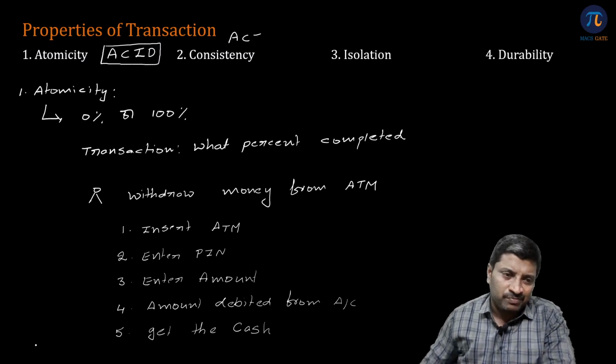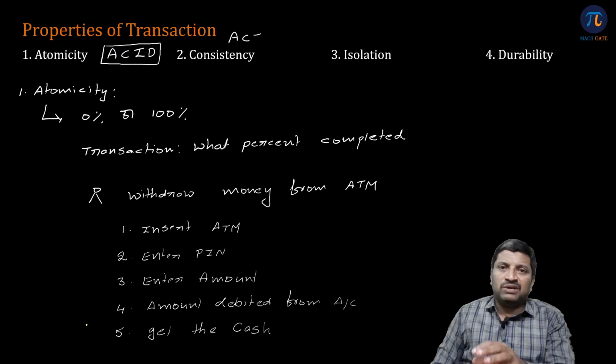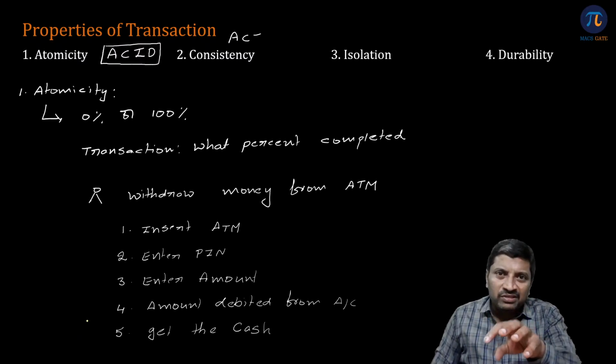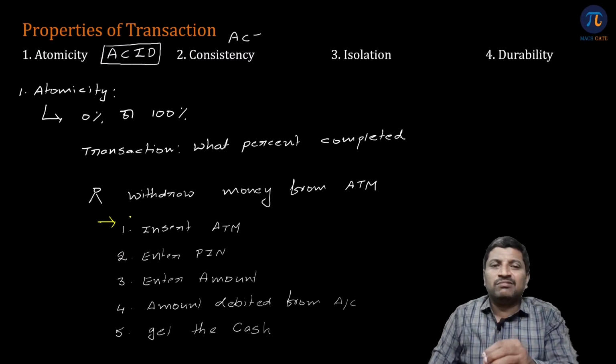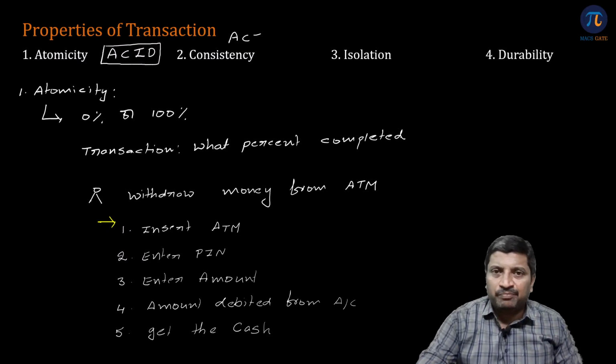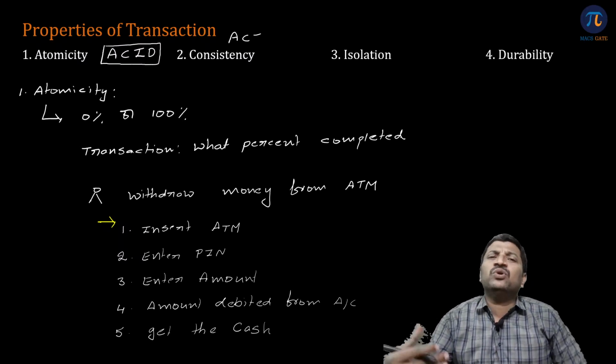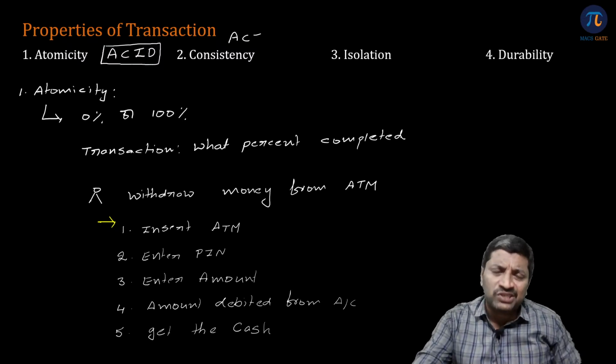Now, suppose some failure occurred in between these operations. Suppose the ATM crashes before we start inserting the card. Then no issue. We will go to another ATM and do the same transaction.